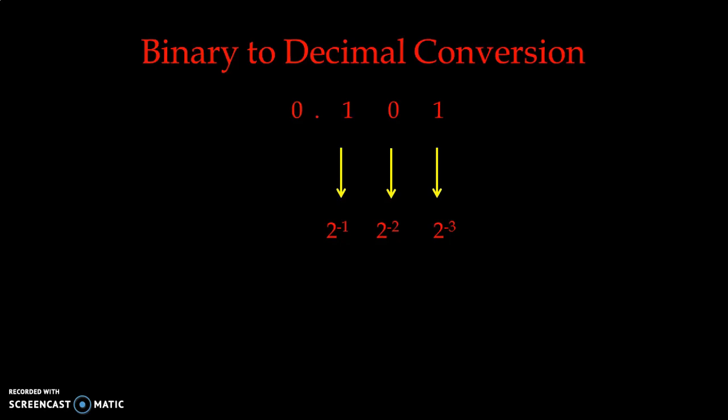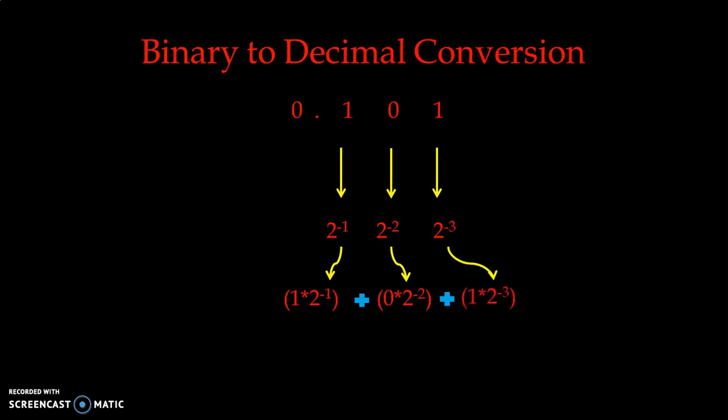So 1, 2 and 3, that is how the position varies, and now it is simple: we have to multiply with the exact value. Here the value is 1, so we multiply 1 with 2 raised to minus 1. Then we multiply 0 with 2 raised to minus 2, and 1 with 2 raised to minus 3.